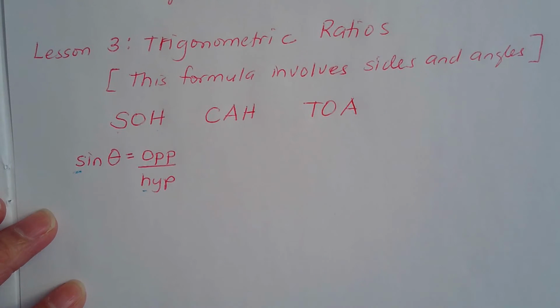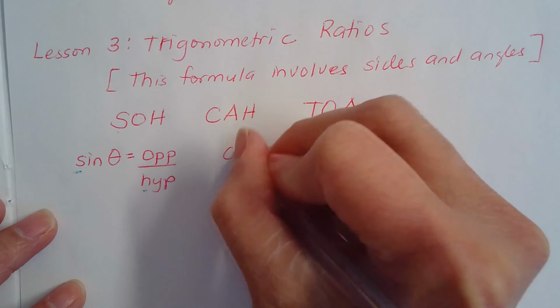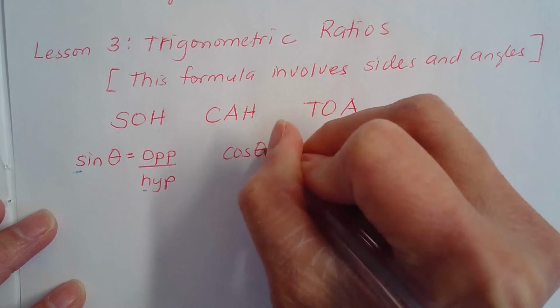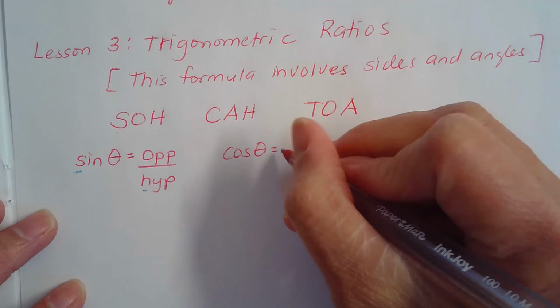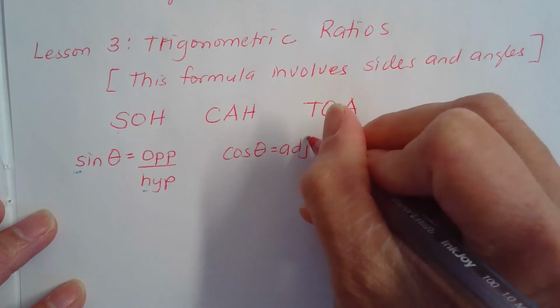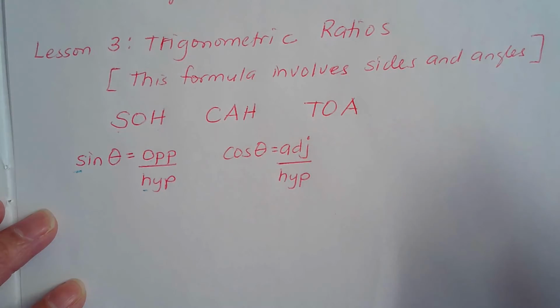Okay. The other one is cosine theta, cosine of an angle is equal to adjacent over hypotenuse.